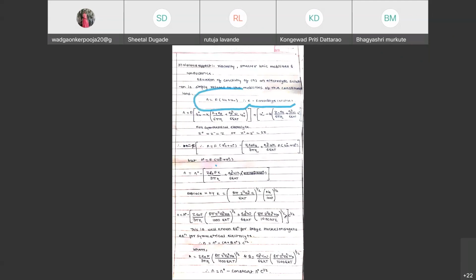Note here: lambda equals F into (u plus + u minus). What is F, ma'am? F is nothing but Faraday's constant. Why? Because whenever we are dealing with ions, we can study these ions with the help of Coulombic forces of attraction.